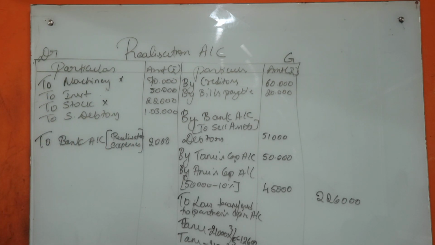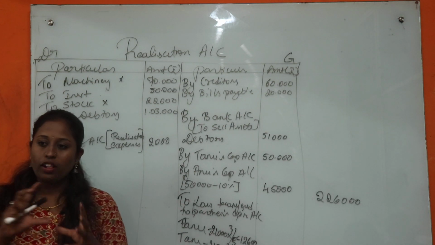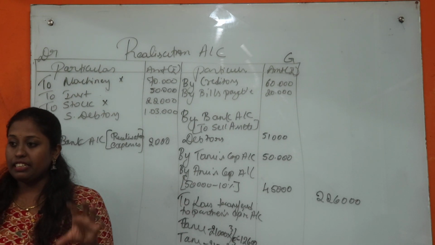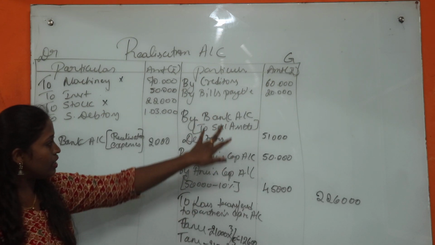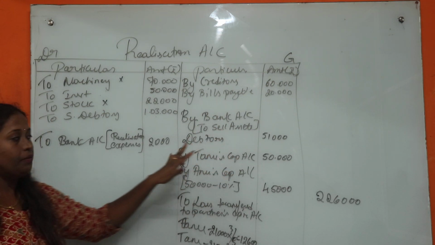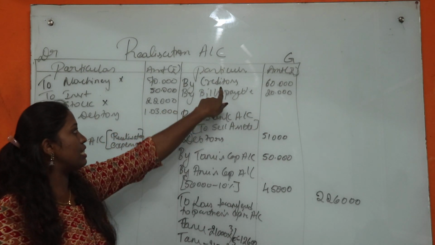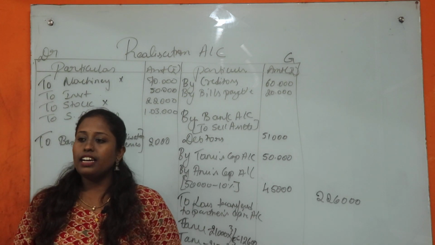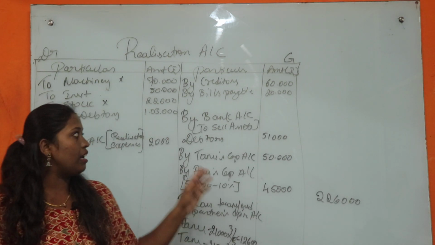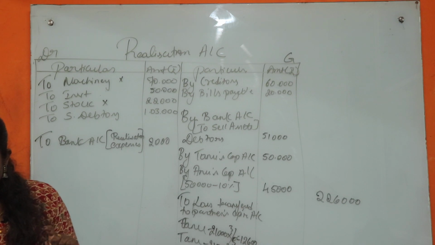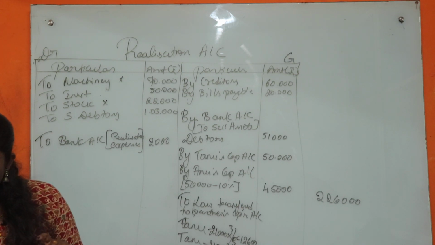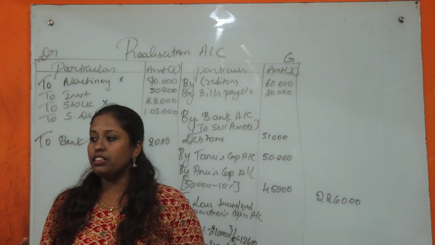Yes, ma'am. Okay. See, earlier, when it came to all the asset selling and the liability settlement, we were taking the asset sold value here and the liability settled value here. But in this case, we had only two liabilities, that is creditors and bills payable. Creditors took over machinery and bills payable took over stock.